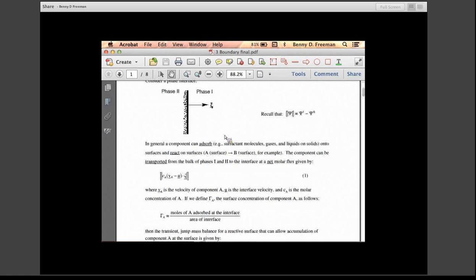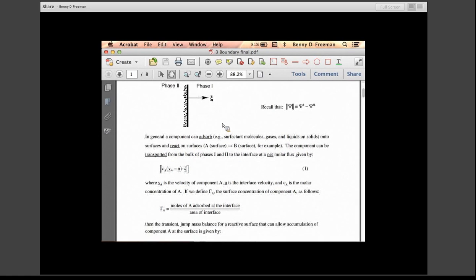We're going to now allow one or more components in these phases to accumulate at the interface, or to adsorb, if you will. And we will use this, for example, when we're treating catalytic surfaces and we have components that adsorb and then undergo chemical reaction on those catalyst surfaces.